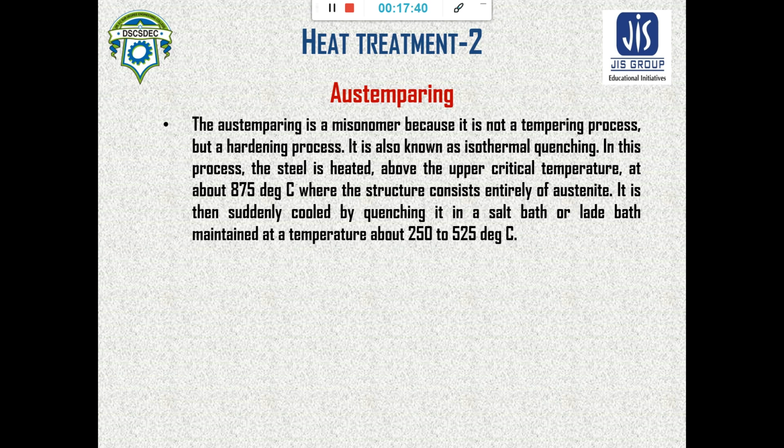In the last discussion about hardening, we have seen that complete conversion from austenite to martensite is not possible at room temperature, but at higher temperature in a lead bath or salt bath, complete transformation from austenite to martensite can be possible, and that conversion is named as austempering.